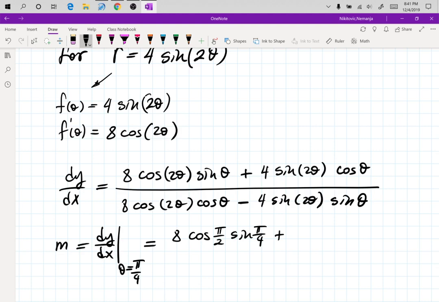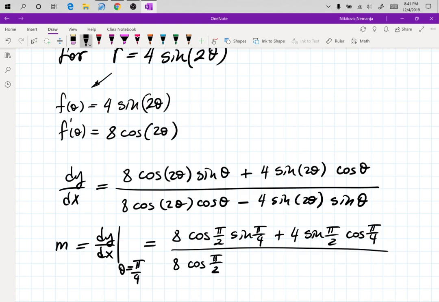Plus 4 sine of pi over 2 cosine pi over 4. That's going to live. Divided by 8 cosine pi over 2 again. Cosine pi over 4 minus 4 sine pi over 2 sine pi over 4.